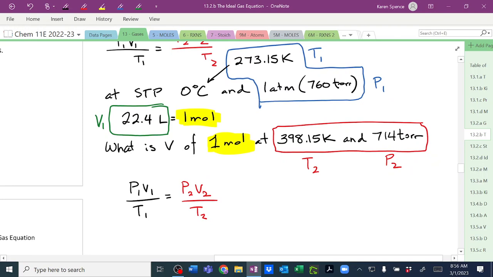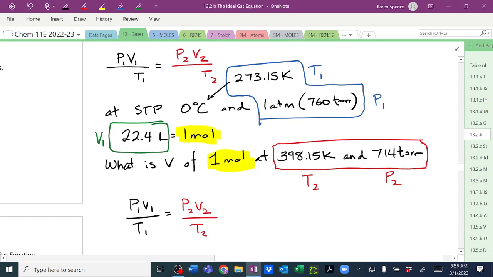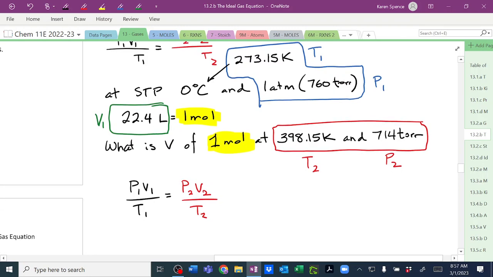You can solve this for V2 first, or you can plug things in. Normally I am an advocate of solving first, but sometimes it gets confusing what I'm plugging in where, because I like to keep my 1s and my 2s on one side until I'm dealing with it. So I would probably just stick with it as it is.